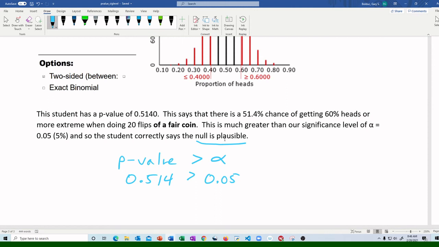Alpha gives you the probability of being wrong when you reject the null. So alpha and reject the null are connected. The null is plausible is a separate conclusion you can make, and the probability of that happening is different than alpha. So something a little more complicated. But that's p-value and alpha.